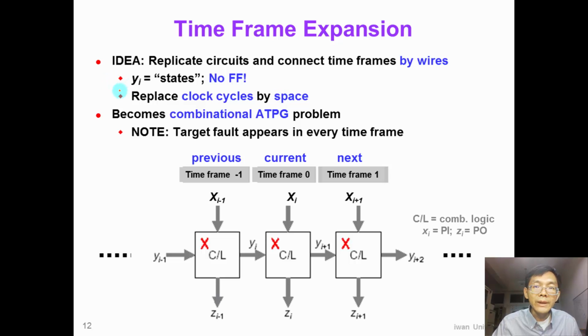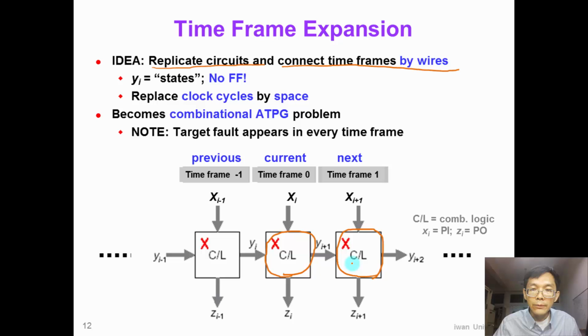The idea of time frame expansion is very simple. We simply replicate the circuit and connect these multiple copies of time frames by wires, as is shown in this figure. We replicate this circuit into 3 copies.